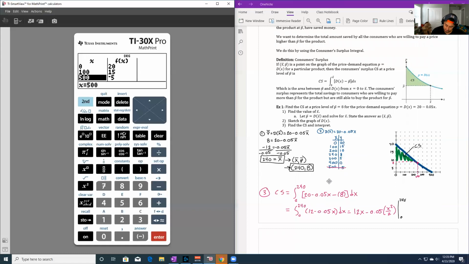So if I want to make this look pretty, I would make this 12x minus whatever 0.05 over 2 is, and that's 0.025 x squared, evaluated from 0 to 240. Okay, let's type it in.